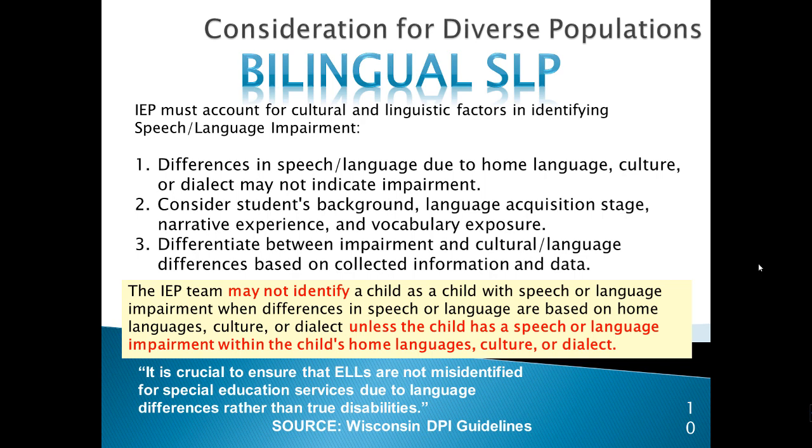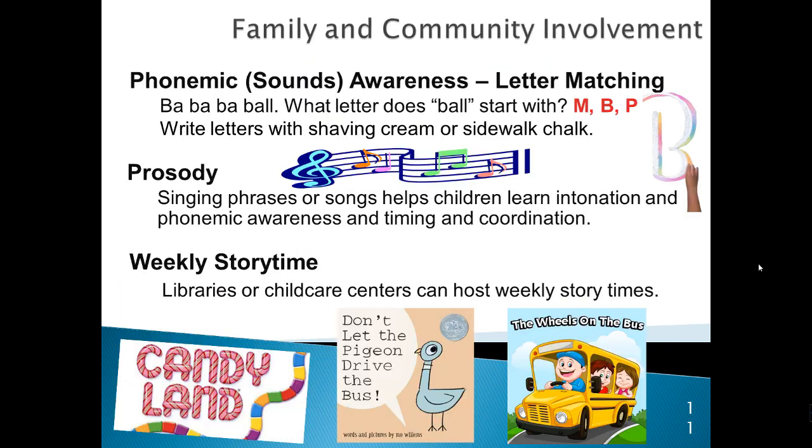So, in other words, if they're Spanish speaking and they're intact in that language and now they're learning English and they're making some developmental errors in English, they would not be qualifying for eligibility in English, right? Because we'd have this developmental timeline. We know it takes a while for some of these sounds to come into place.